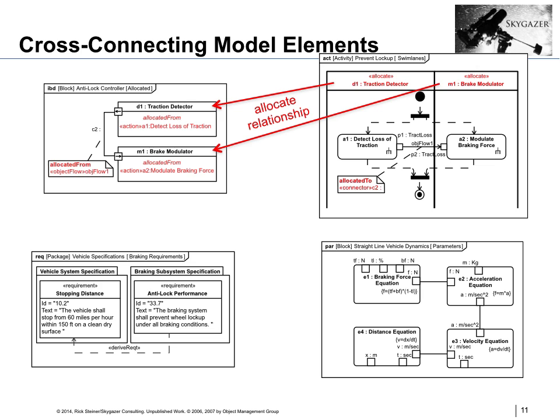And so you can now see that D1 traction detector has the responsibility for executing, of course, A1 detect loss of traction. And likewise, M1 brake modulator has the responsibility for executing A2 modulated braking force.